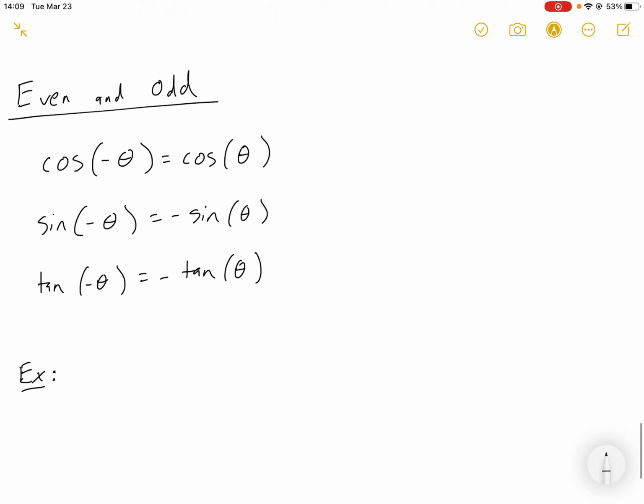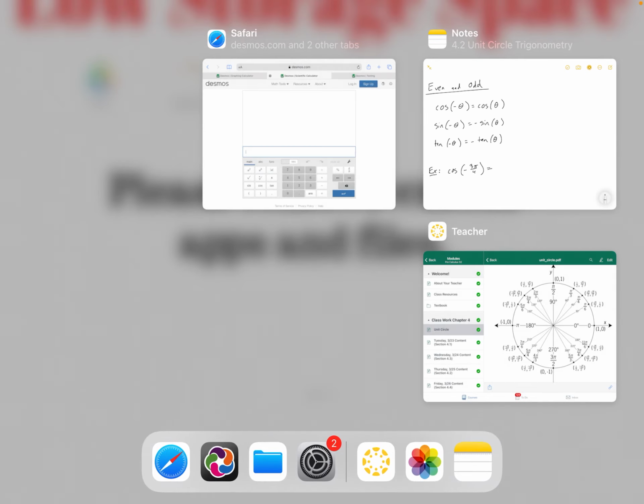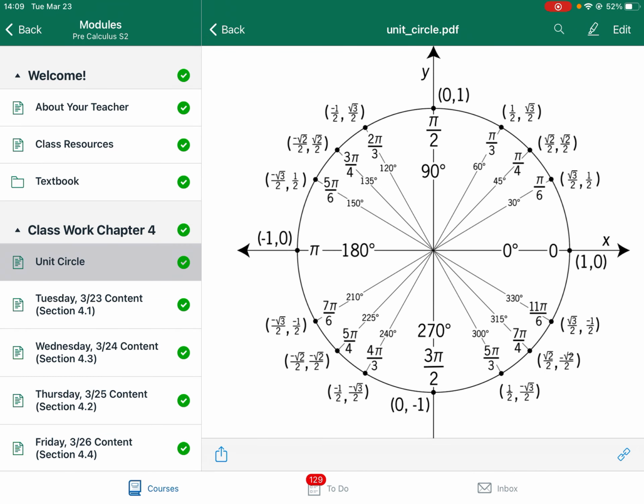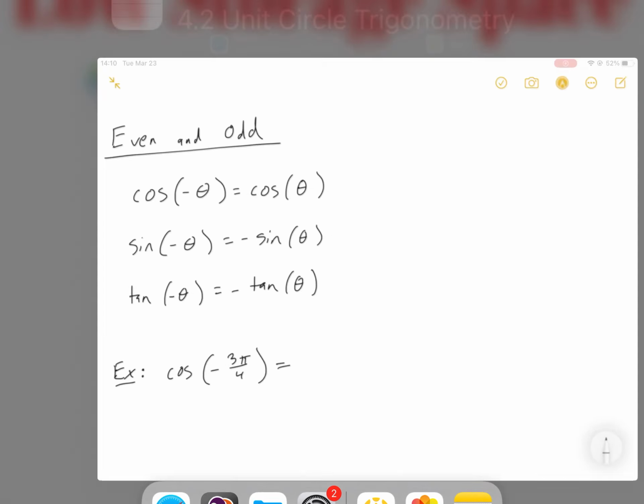So for example, let's say, what is cosine of negative 3 pi over 4? If we take a look at the unit circle, so I did reference this in the previous video but didn't really show you, here's the complete unit circle. Notice that negative 3 pi over 4 is not actually on here, but positive 3 pi over 4 is.